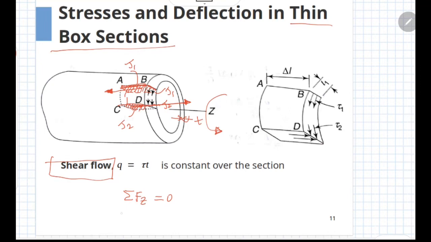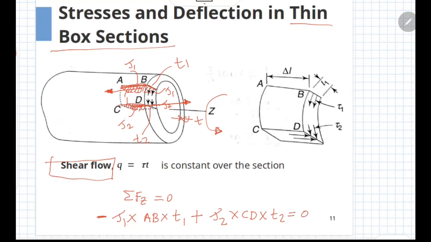So the force acting on edge AB would be tau 1 multiplied by the area of the face corresponding to edge AB, which is length AB multiplied by thickness at that point. We are considering that at this edge the thickness is t1, at the other edge the thickness is t2. So that is the force in negative direction, and the other force in positive direction is tau 2, that is shear stress multiplied by CD and multiplied by the thickness t2, and the sum would be equal to 0.